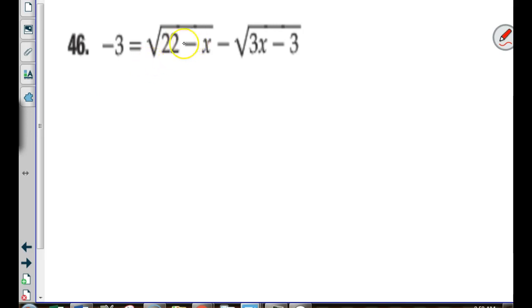You can't square this with two square roots on the same side. This is 2.1 page, somebody help me with the page number? 92? Okay. So, any ideas on how to start?